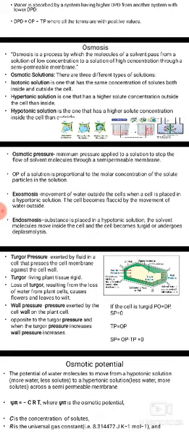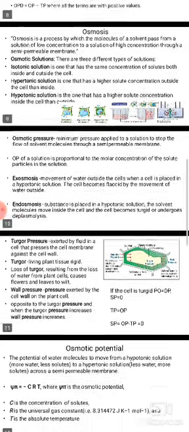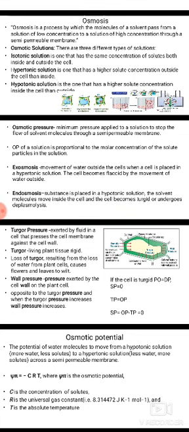Osmotic pressure is a minimum pressure applied to a solution to stop the flow of solvent molecules through a semi-permeable membrane. Osmotic pressure of a solution is proportional to the molar concentration of solute particles in a solution. Exosmosis.